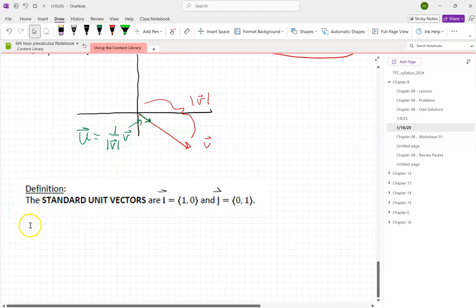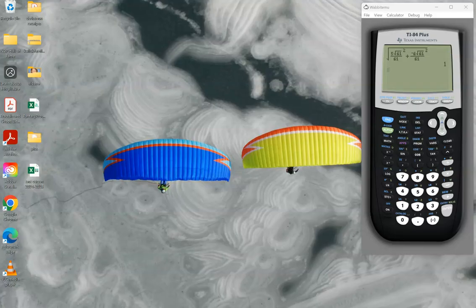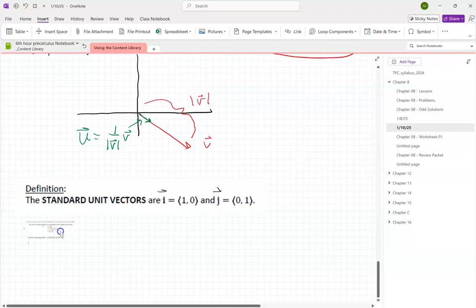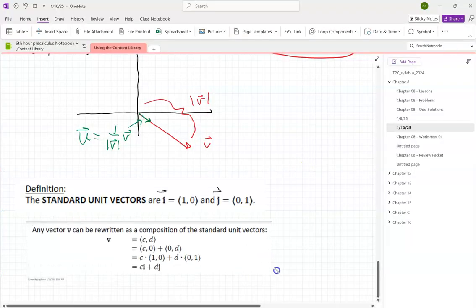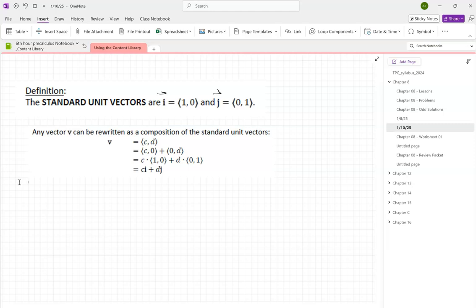Why we've done this is it gives us a way to take any vector in component form and rewrite it as the sum or difference of standard unit vectors.